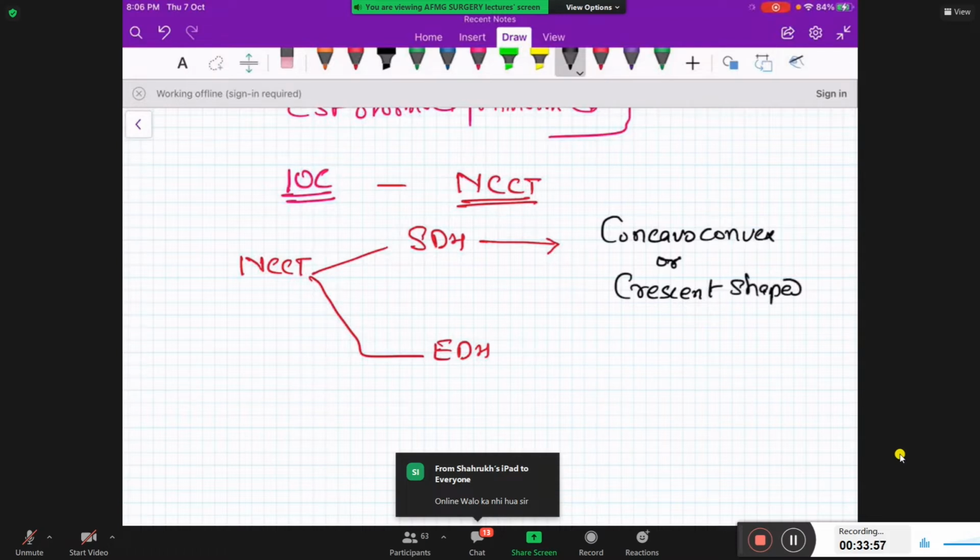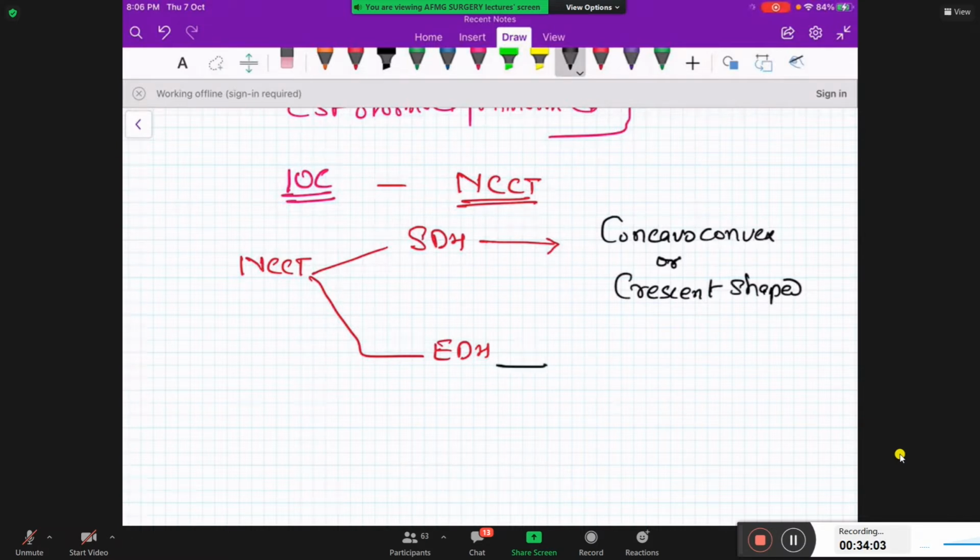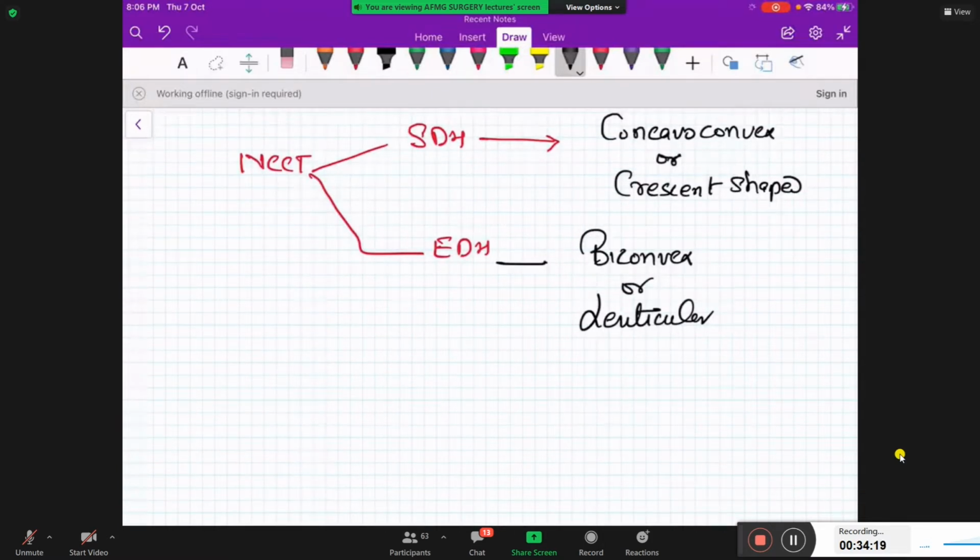In EDH, you will get a biconvex or lenticular shaped opacity.